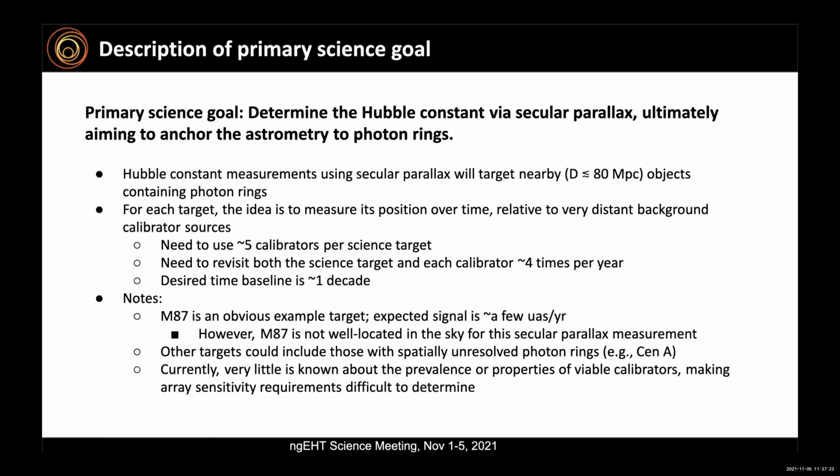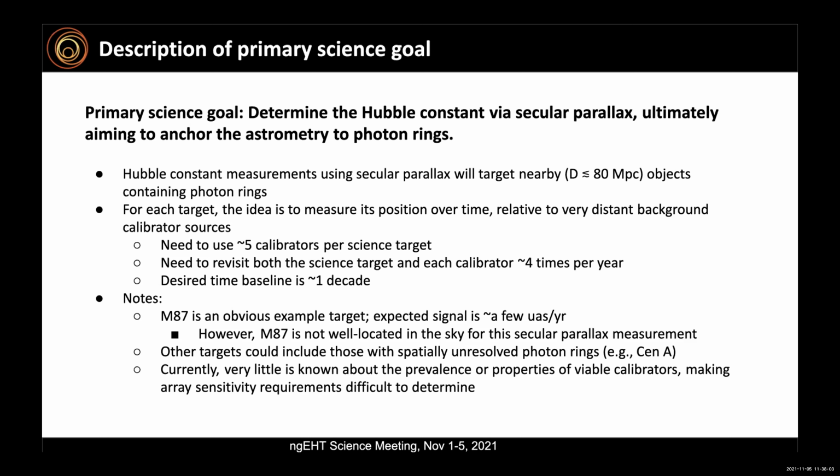For each target, thinking about how many calibrators we would need nearby, within say 10 or so degrees, we would ideally like several calibrators, reference sources, to deal with any systematics from the calibrator targets themselves. The parallax measurement benefits from a long time baseline, and if we could observe many times per year, that would help even more. So we would want to revisit these sources over a long period of time, maybe a couple to several times per year over a decade.